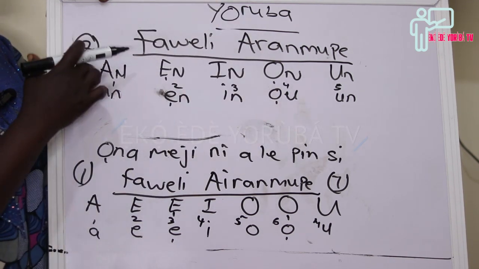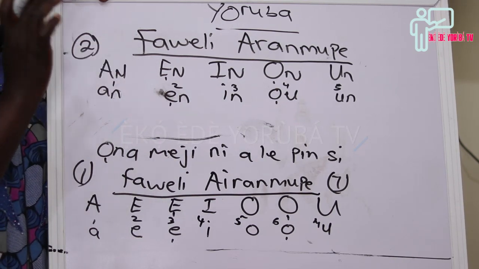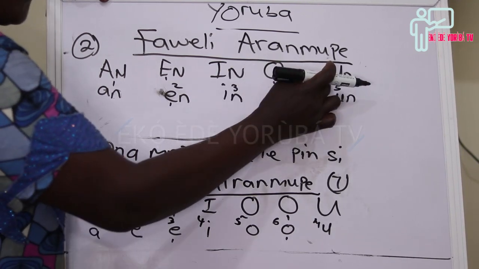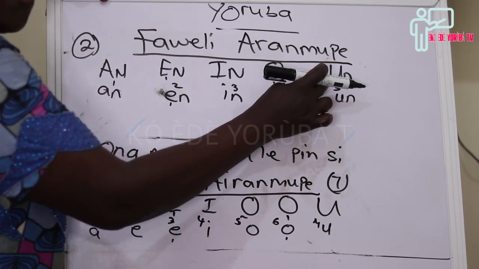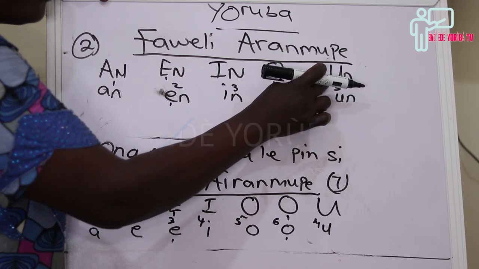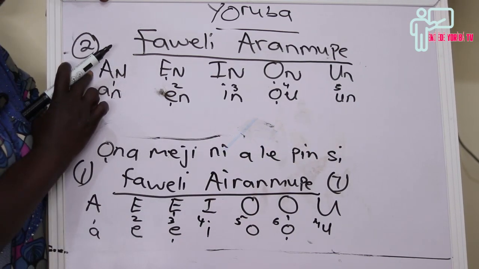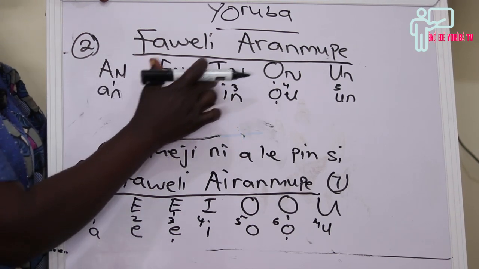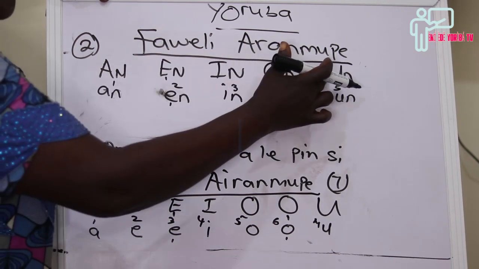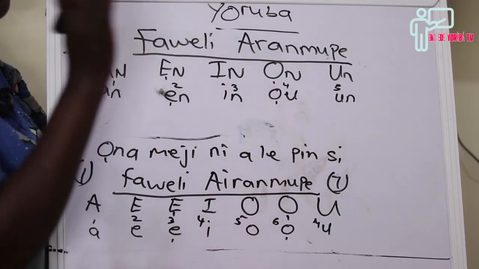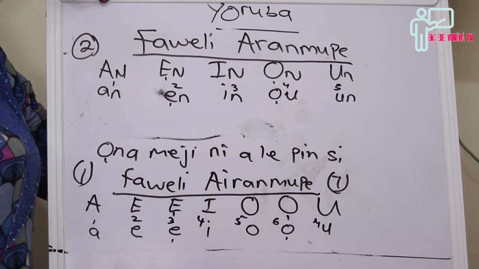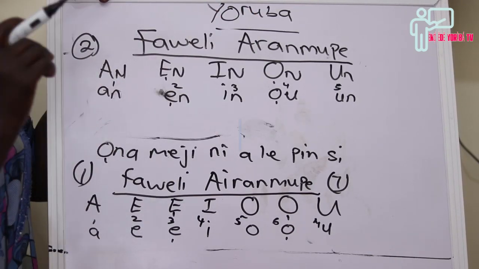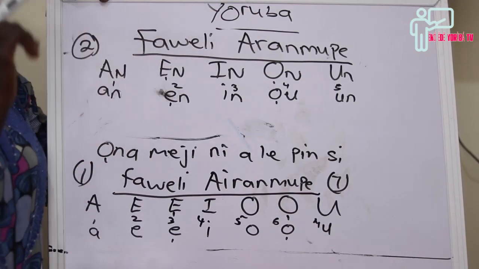This one and this one want to sound like the same thing, but it's different if you listen to it very well. There are 5 in numbers. Ó ṣe márùn. We call 5 márùn.